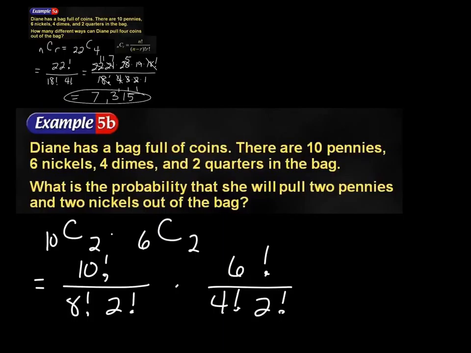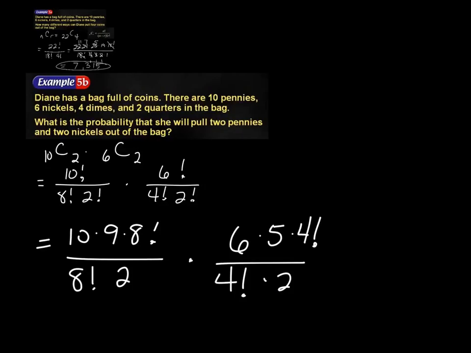So the combination of 10 things taken 2 at a time, we've got 10 factorial over n minus r, so 10 minus 2 is 8, and r factorial. And again, n is 6, n minus r, 6 minus 2 is 4, and r factorial. Then I'm using that little trick of stopping with my 8 factorial, so those cancel out, and the 2 and the 10 will cancel.